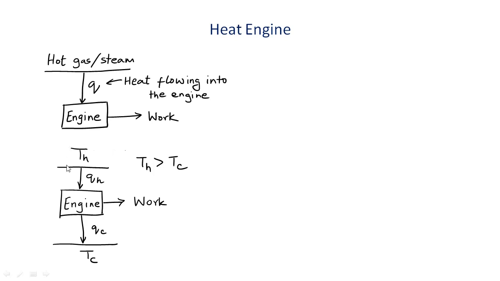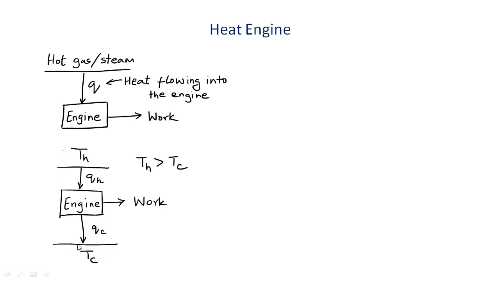Here, TH represents the temperature of the so-called hot reservoir, which in the case of an automobile engine is the temperature of the fuel-air mixture after combustion. Tc represents the temperature of the so-called cold reservoir, which in the case of an automobile engine is the temperature of the gases exiting the engine.